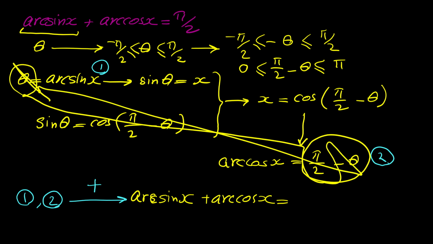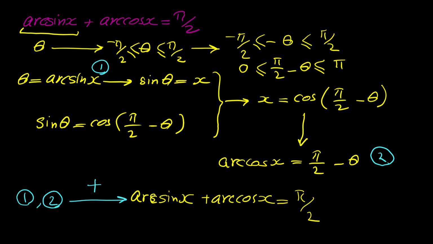Minus theta with theta cancels and it equals pi over 2. Arcsine of x plus arccosine of x is pi over 2. This is another way that we can prove this important relation between arcsine and arccosine.